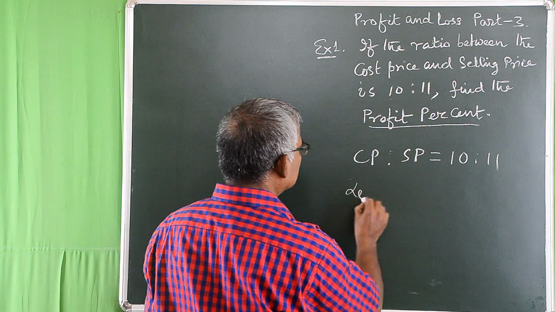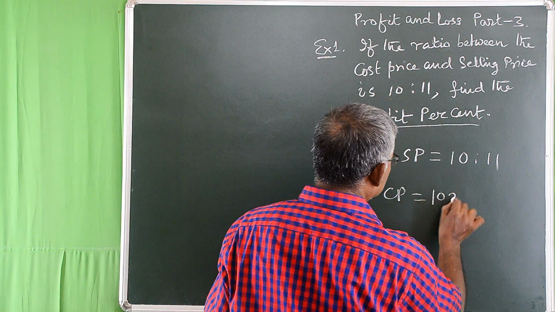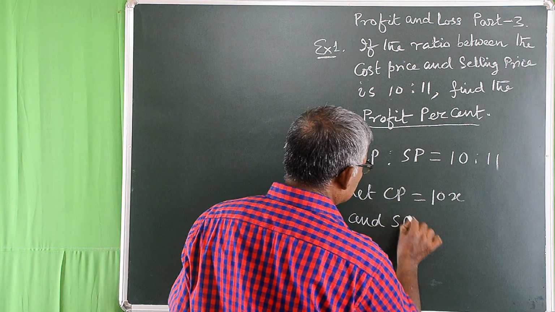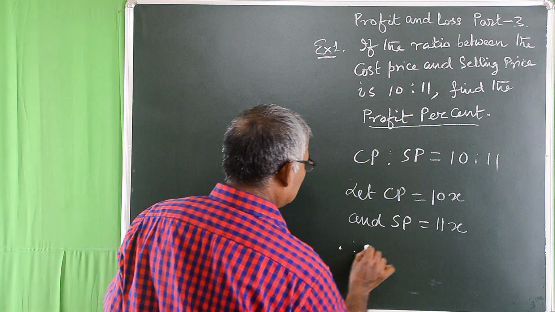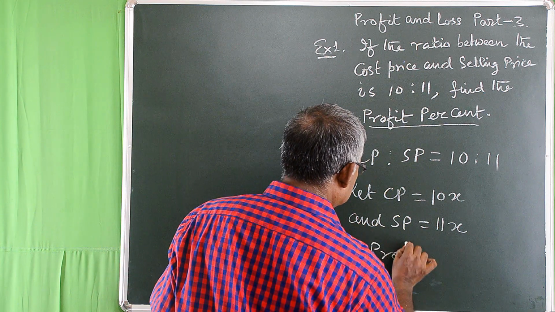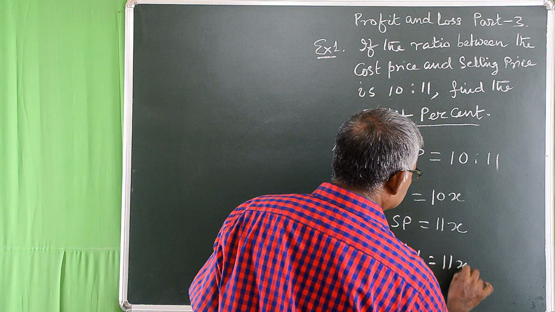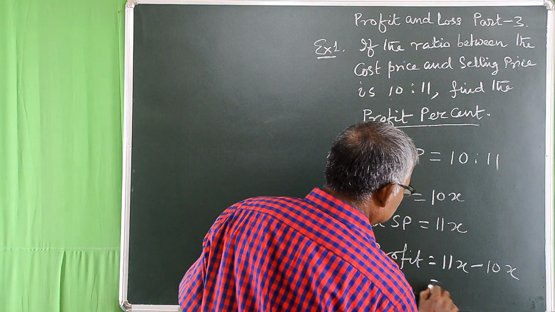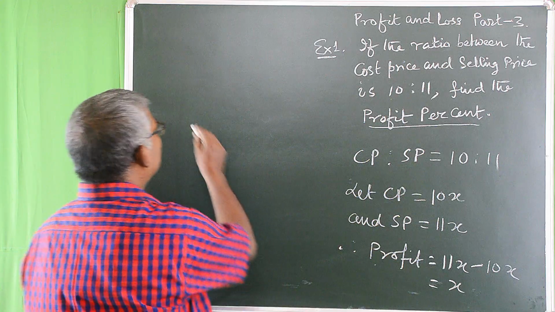Let the cost price equal to 10x and selling price equal to 11x. Therefore, profit equal to 11x minus 10x, that is x.